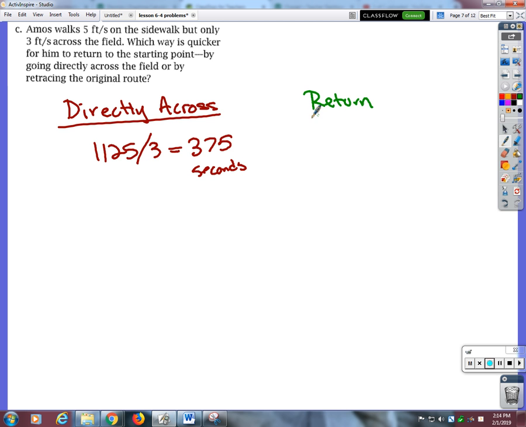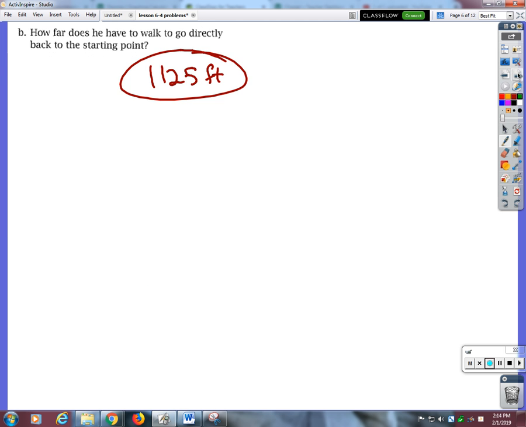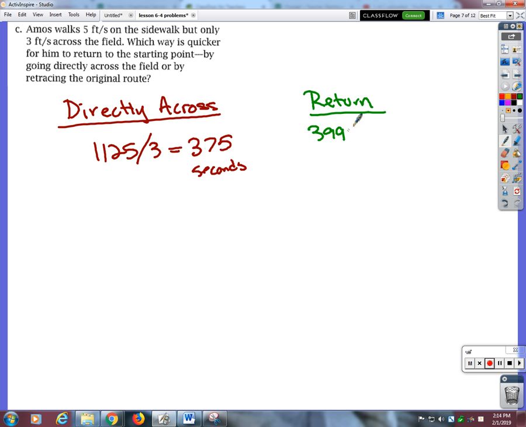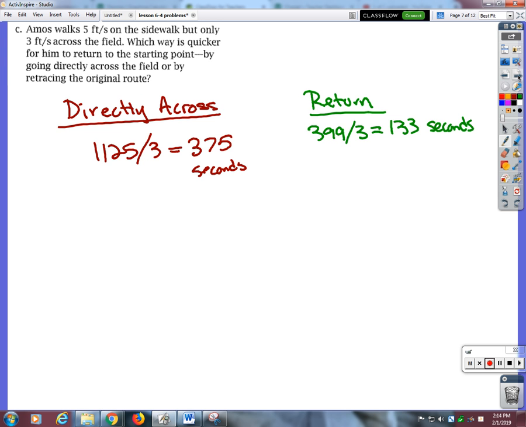If he goes back the way he came, then that means he has to walk 399 feet at 3 feet per second, so that's 133 seconds. And yes, he has to walk the original 800 feet from where he started, at 5 feet per second. So that's 160 seconds.